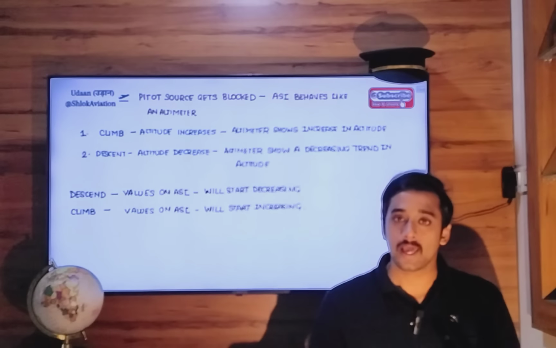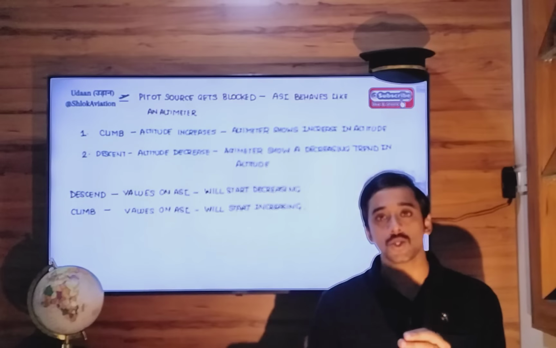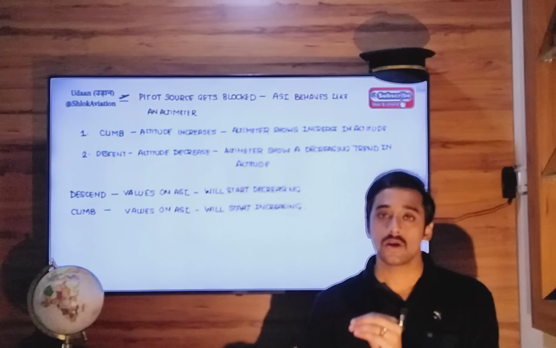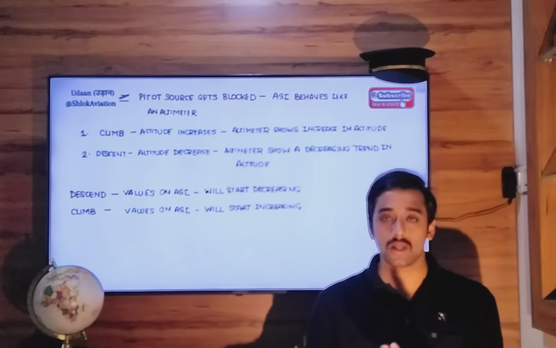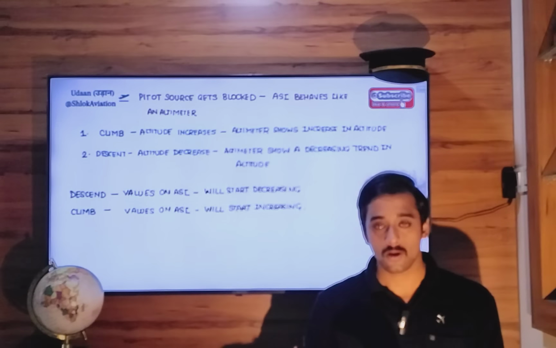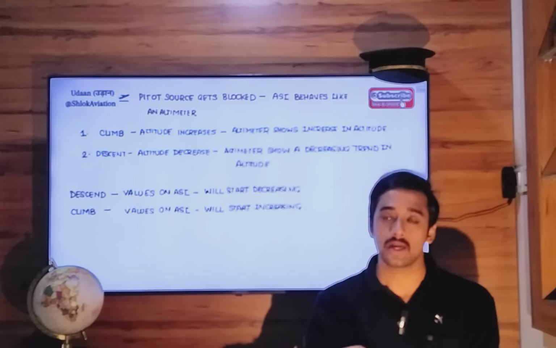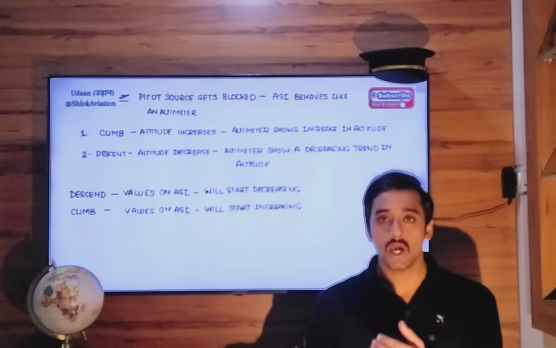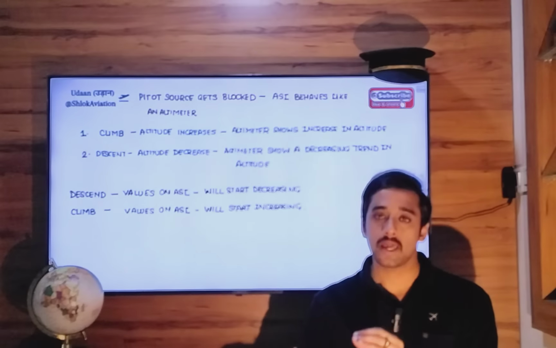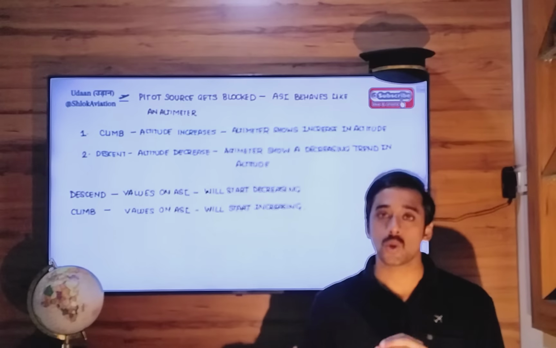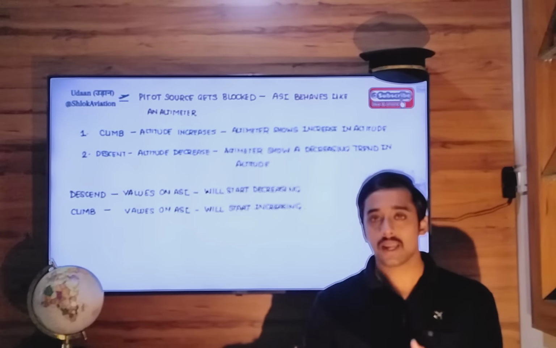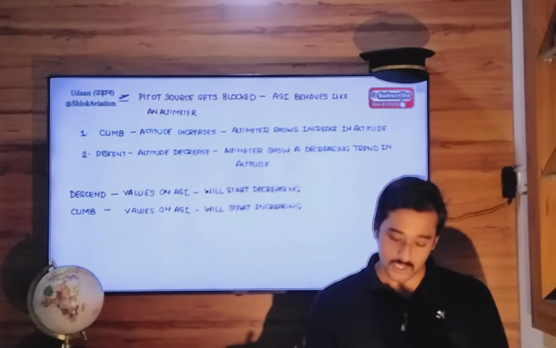So you may be flying at 100 knots, but just because you are climbing to a higher altitude, the airspeed indicator will show you your indicated airspeed 120 knots, 130 knots, more than what is necessary. If you are descending, and the correct speed of your aircraft is, let's say, 100 knots, but just because the pitot tube is blocked, ASI will behave like an altimeter, and instead of showing 100 knots airspeed, it will show a decreasing airspeed, meaning 90 knots, 80 knots, 60 knots.